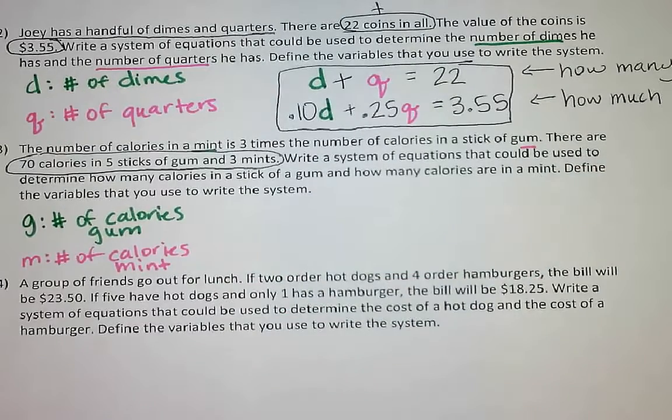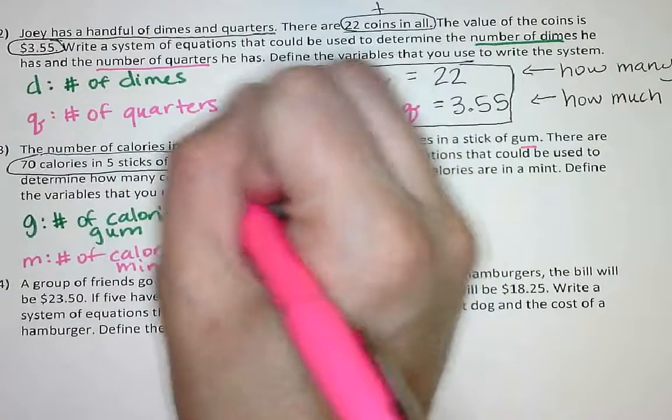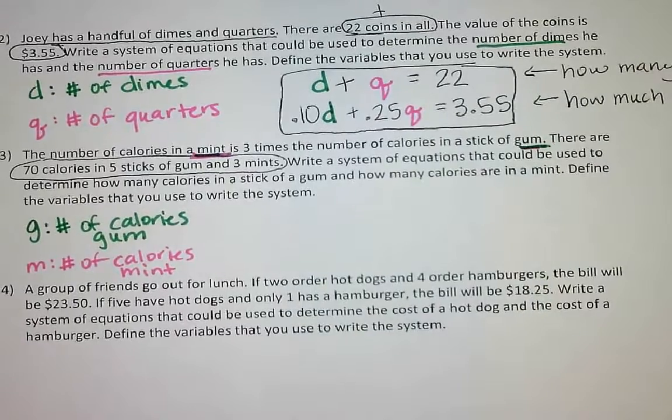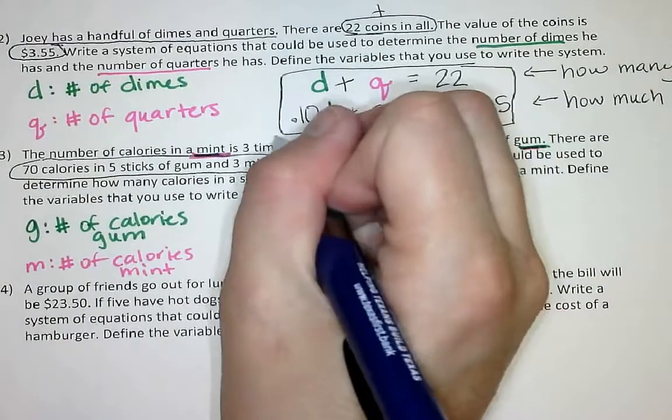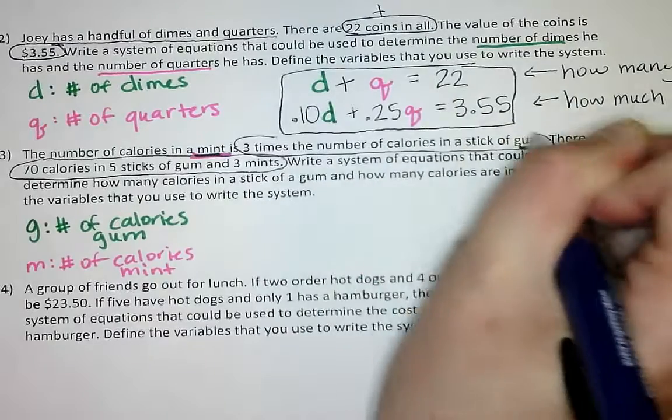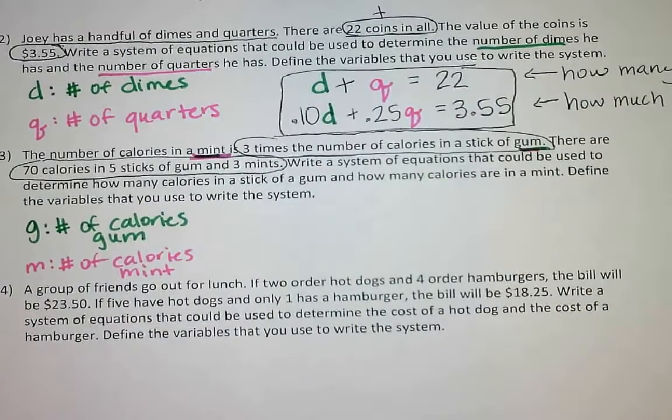All right, so guys, the number of calories in a mint is 3 times the number of calories in a stick of gum. So that means that my mint, this is my how many, my mint is equal to what?